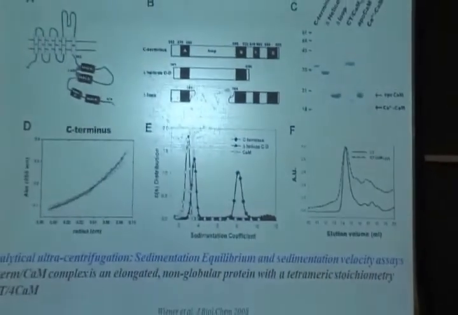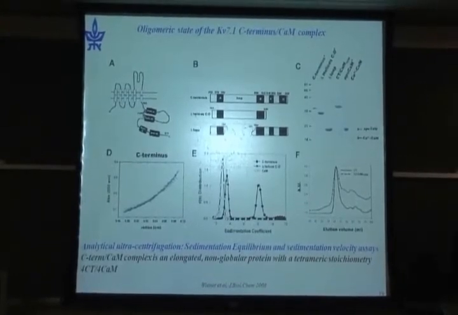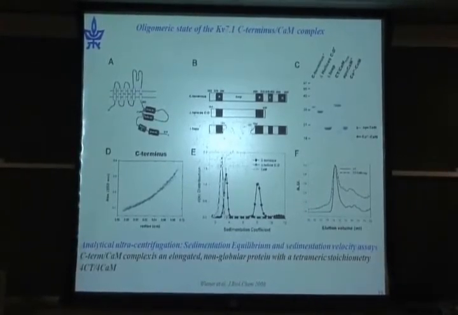Okay. Then we were interested in attacking a very tough problem: trying to resolve the oligomeric state of the KCNQ1 C-terminus and some of the modules in it, mainly the stoichiometry of calmodulin binding to helix A and B. This is shown here.